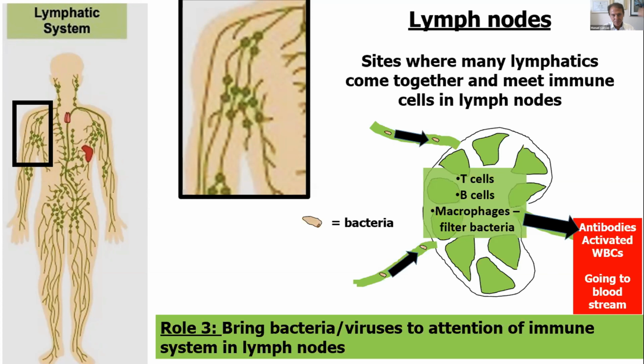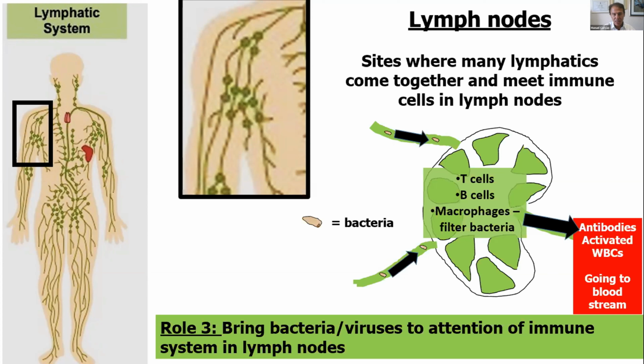They will be brought up to your lymph nodes, and there, those bacteria will be seen by T cells, B cells, and other immune cells, and also by macrophages. And these things will then start an immune response against the bacteria by producing antibodies and by producing activated white blood cells, which then get released from those lymph nodes and ultimately go into your bloodstream to try to protect your entire body from these bacteria.